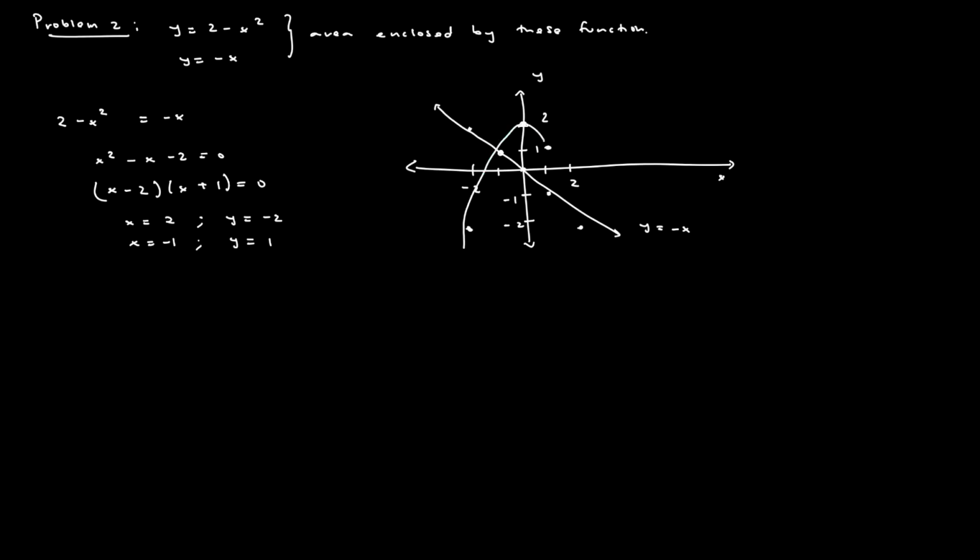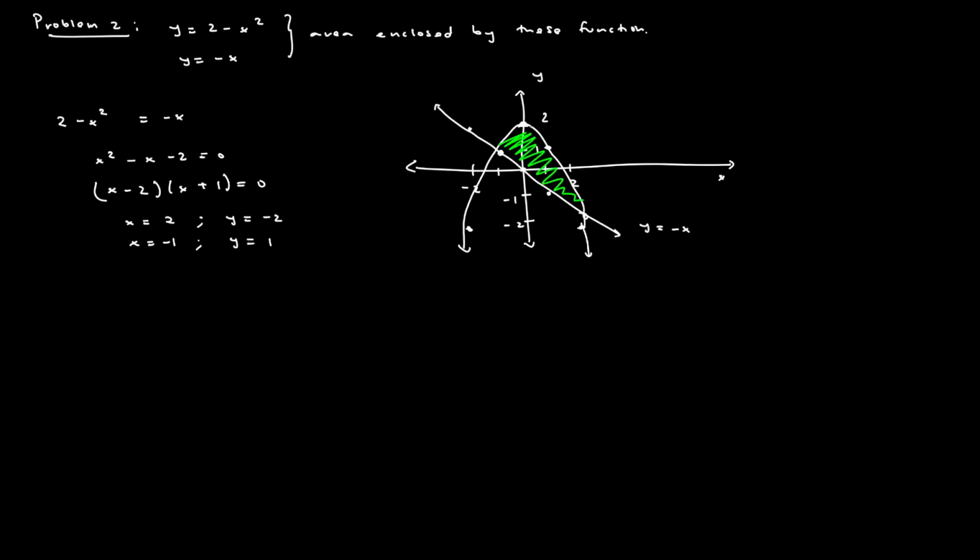The question asks to find the area enclosed between the parabola and the line, right? And so we can look at this graphically: this enclosed area corresponds to this green portion.